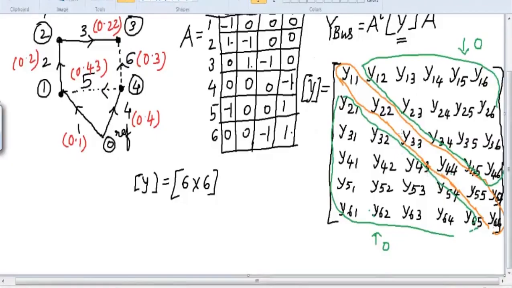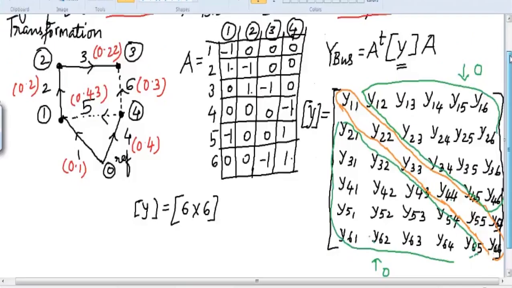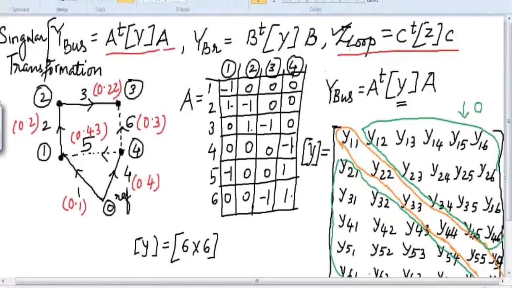You insert them in the same way as in the previous part, that is C transpose ZC. In C transpose ZC, you simply inserted these values in the diagonal part, but in that case it was z: z11, z22, z33, z44, z55 and z66.